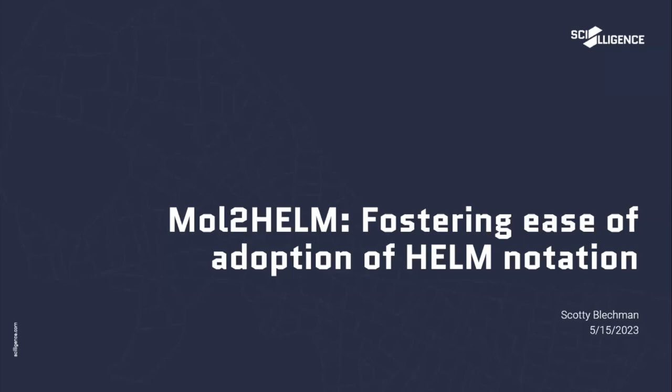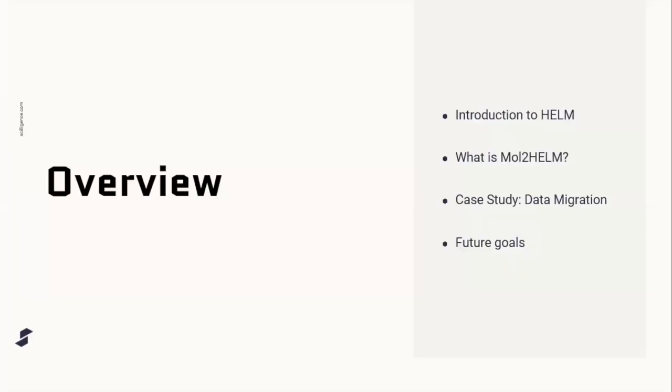So I do want to start with just a brief introduction to Helm. I'm sure many of you are already familiar with Helm, but just to get everyone on the same page, I want to briefly go over exactly what Helm notation is and why it's needed. I'm going to talk a little bit about the Mol2HELM tool developed by Scilligence.